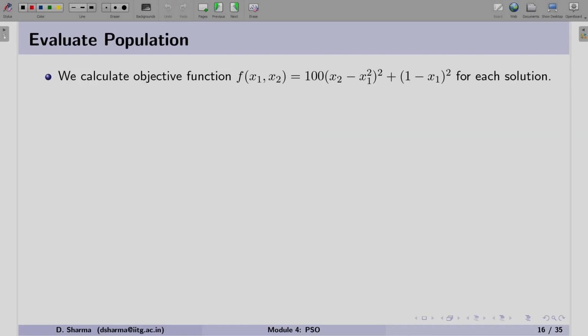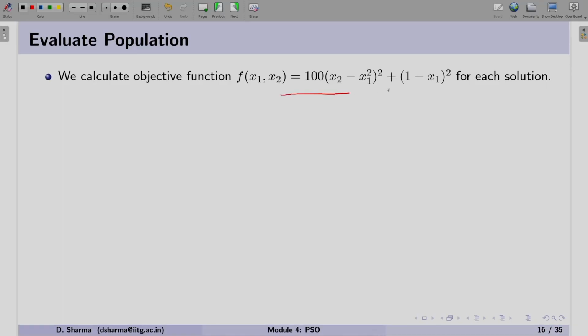Now, thereafter we have to evaluate this swarm. We know our objective function, as given on the top, so we have to include the values of x1 and x2 from the previous table to find out the function value.